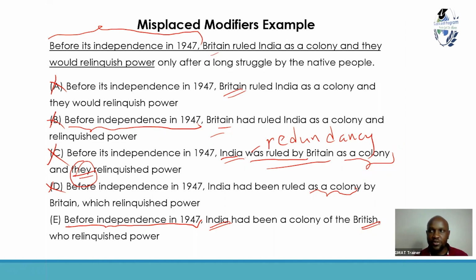Once you've introduced the British as a people, you can use the pronoun who, and it will be clear that who is referring to the British people, who relinquished power only after long struggle by the native people. Of course, the native people automatically refers to the colonized people, who are the Indian people in this case. So E corrects the original error of the misplaced modifier, and it does not introduce any new errors, say of pronoun ambiguity, lack of pronoun agreement, or lack of concision, as is the case with the other answer choices. In this case, it will be your right answer.